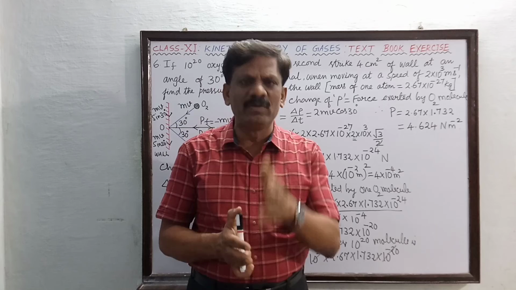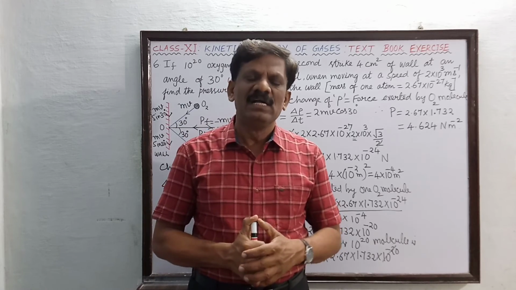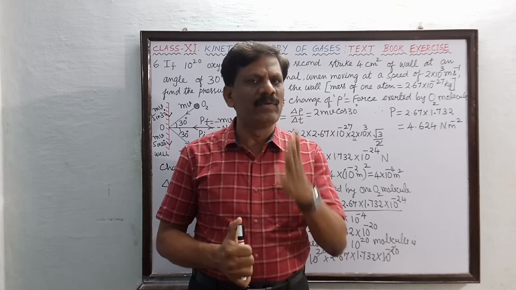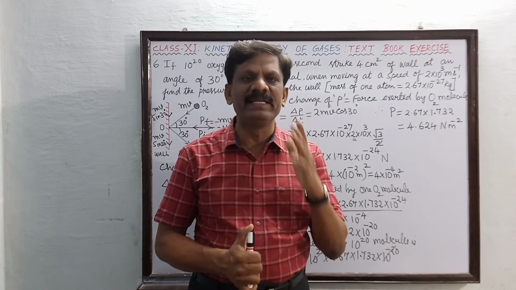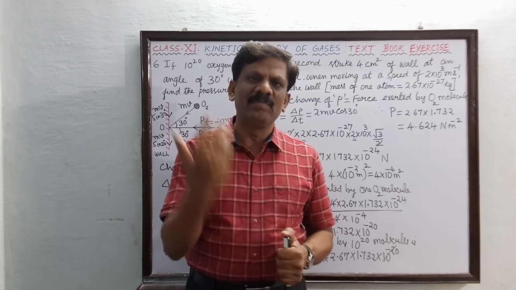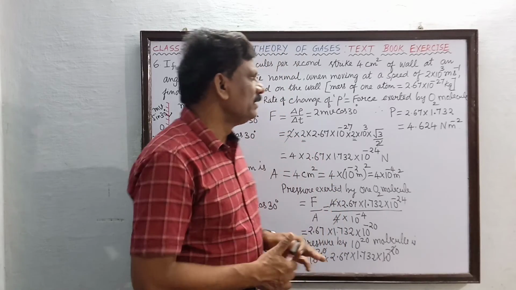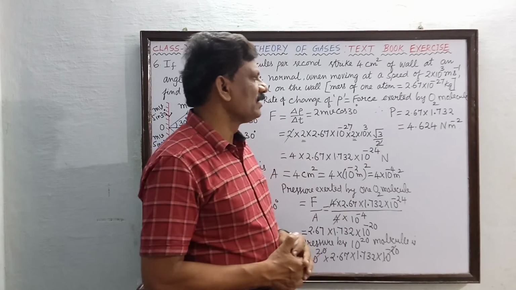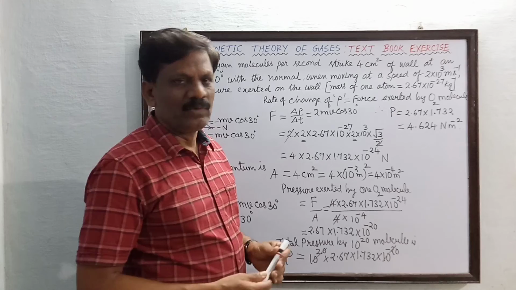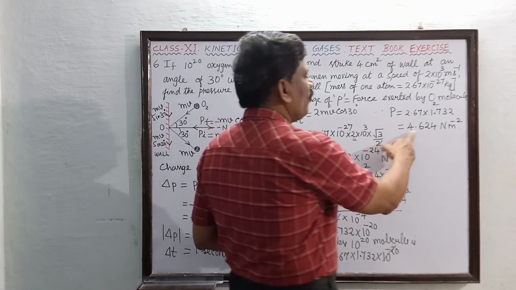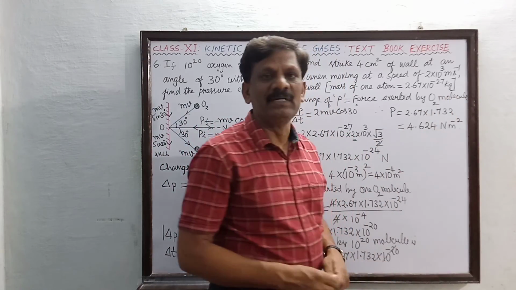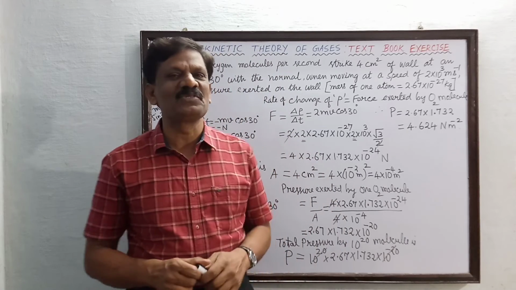Force exerted by one molecule I find first, and then the pressure exerted by one molecule; force by area is the pressure. Later I will multiply with the total number of oxygen molecules, and the pressure exerted by the oxygen molecules on the wall is 4.624 Newton per meter square. I hope you have understood well. Fine.